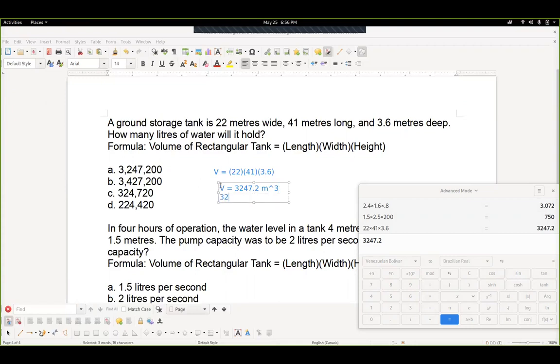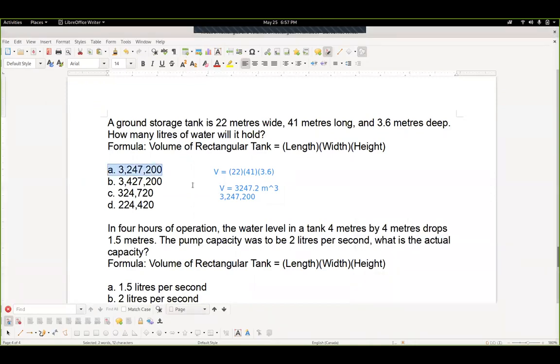So 3,247,200. So sometimes it helps to then put the commas, of course, to separate out the different periods, the millions, the thousands, and the ones. And we can see that the answer here is A. It will hold 3,247,200 liters of water.